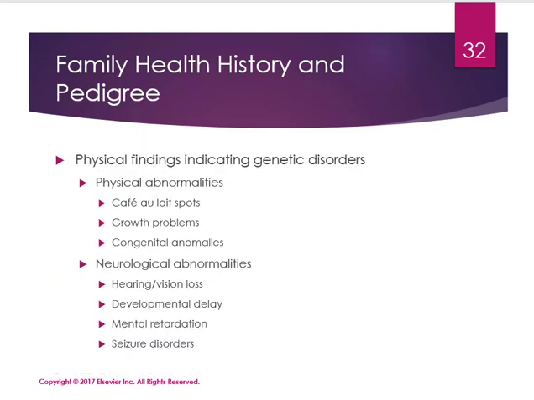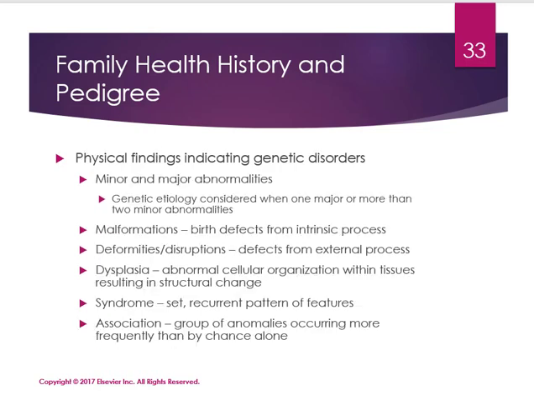Physical findings indicating a genetic disorder, you're looking for abnormalities such as cafe au lait spots, growth problems, congenital anomalies. You may be looking for a neurological anomaly, hearing or vision loss, developmental delay, mental retardation, seizure disorders. Physical findings indicating genetic disorders may be major or minor.